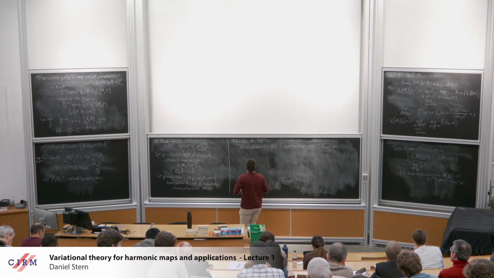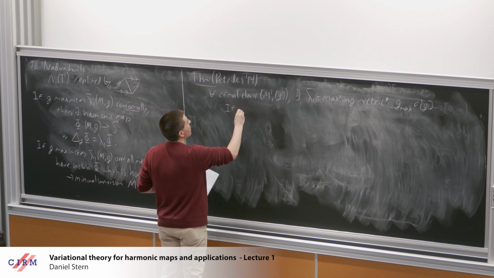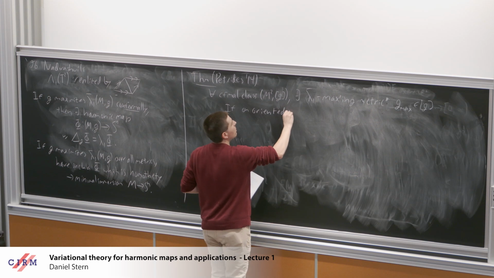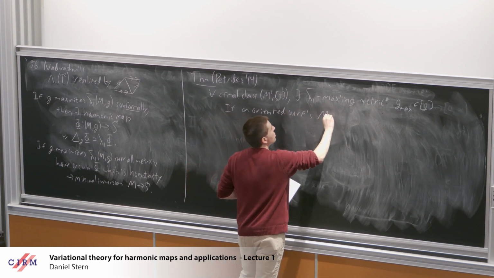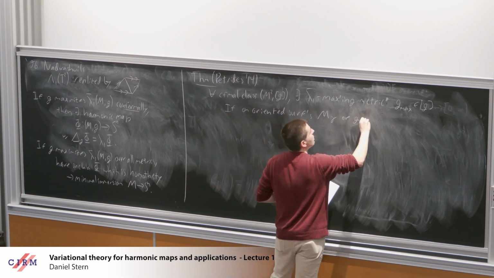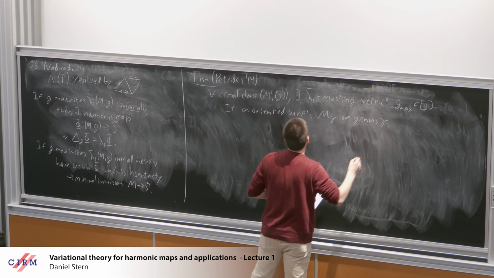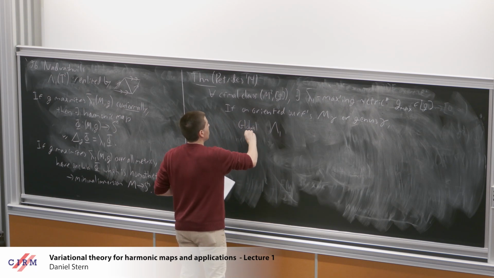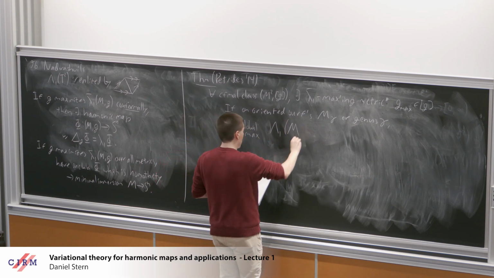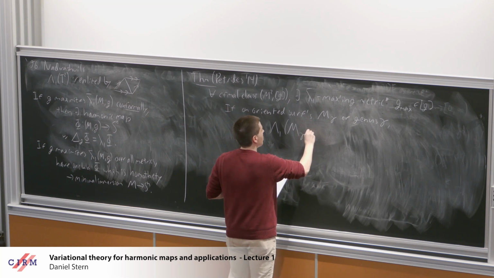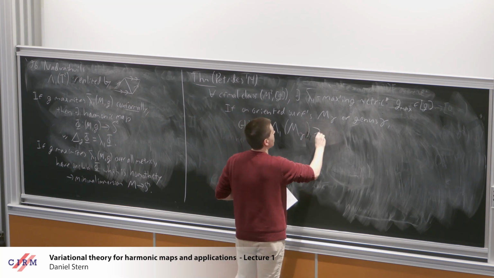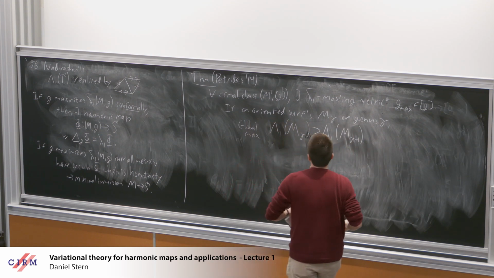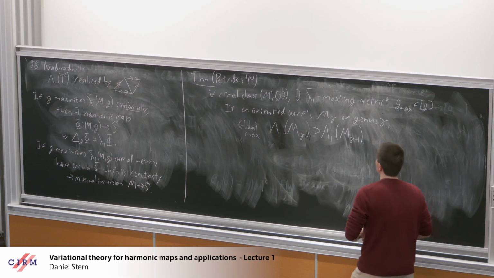And moreover, if on, say, the oriented surfaces M sub gamma of genus gamma, we have that the global max lambda 1 of M sub gamma is strictly bigger than the global max on gamma minus 1, then you have existence here.